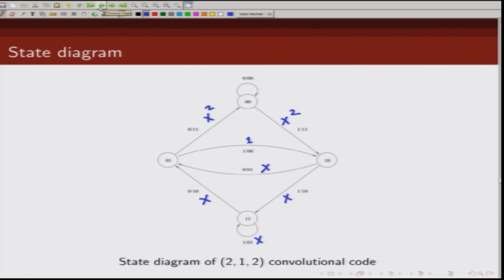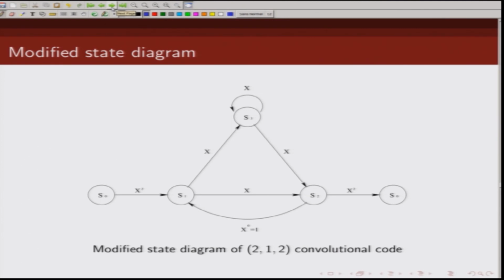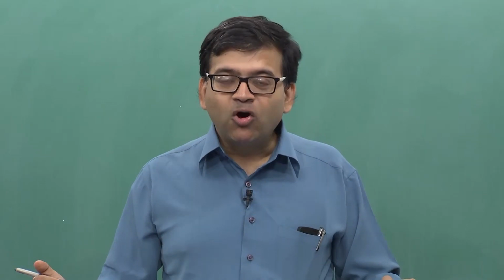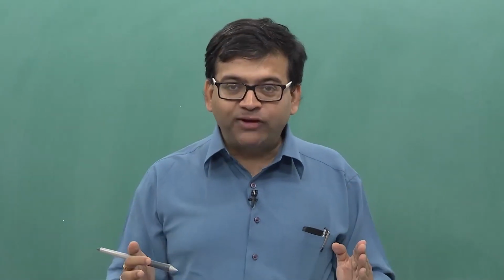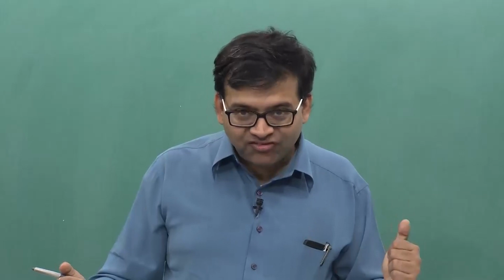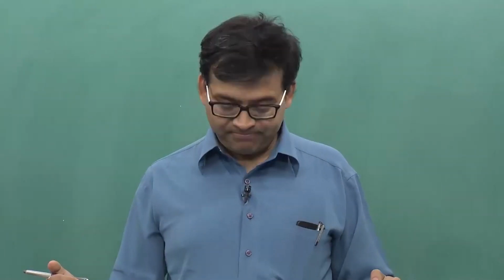Around this state 1 1, there is a loop which has weight x. So, this is my loop around 1 1 which has weight x. So, like that basically we modified the state diagram, and this is how our modified state diagram of a rate 1 by 2 convolutional code that we just showed looks like.